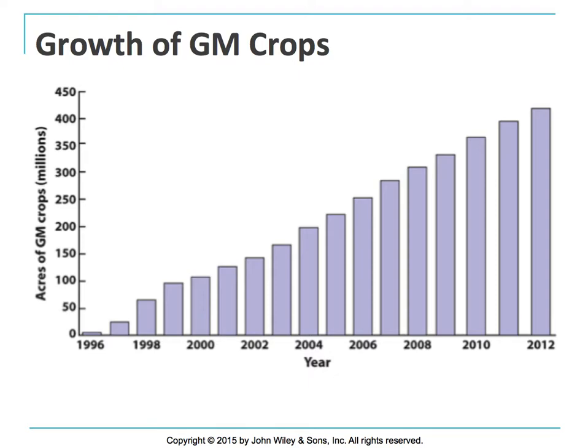So back in 1996, we did have seedless watermelon, seedless grapes. We certainly were genetically modifying some foods, but grapes and watermelons don't make up a very large proportion of the crops that are produced.